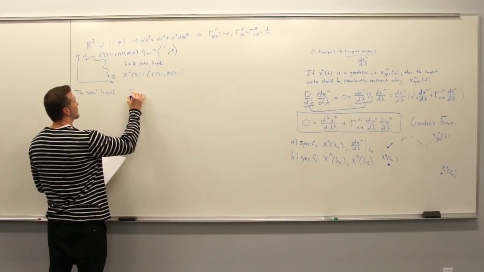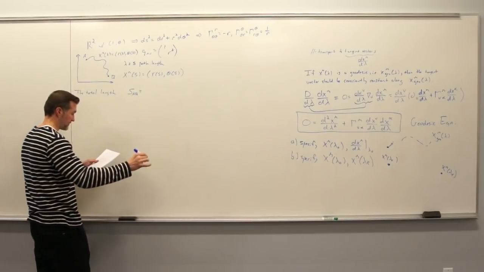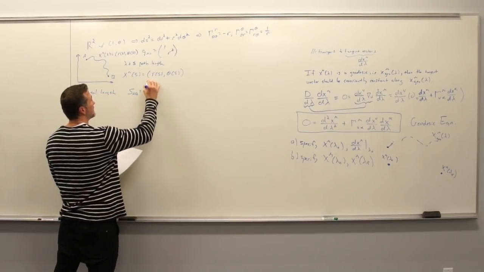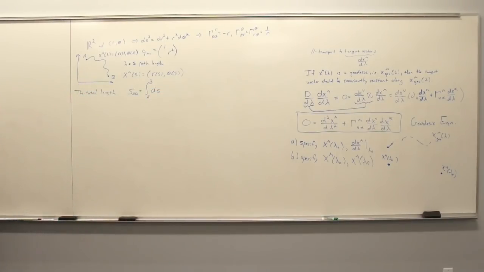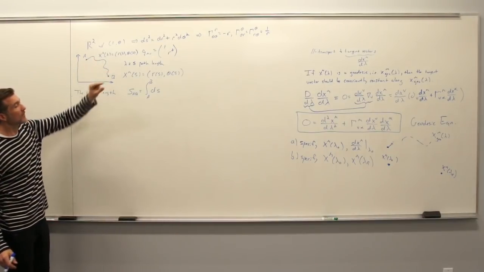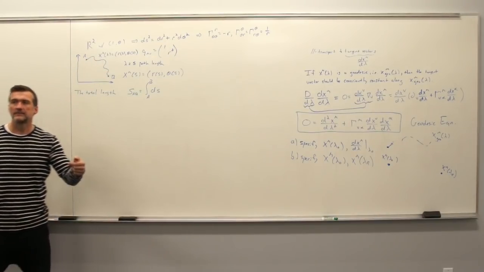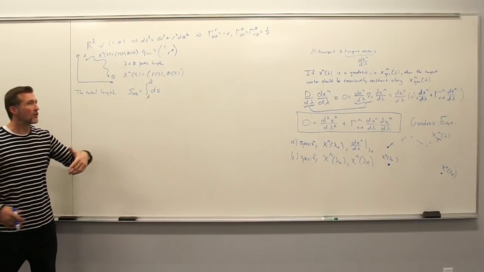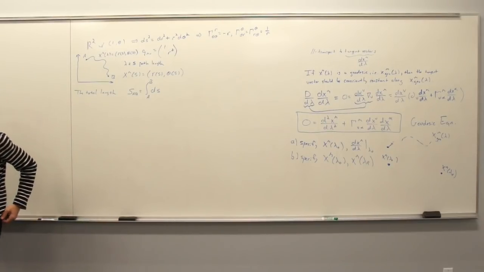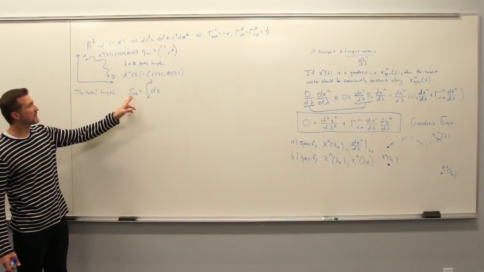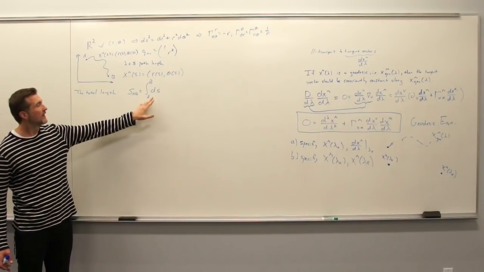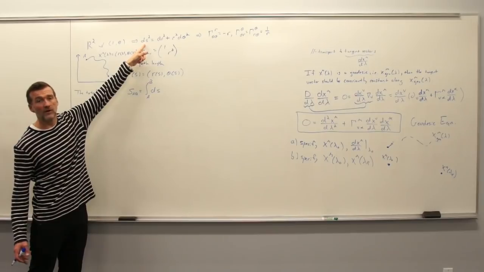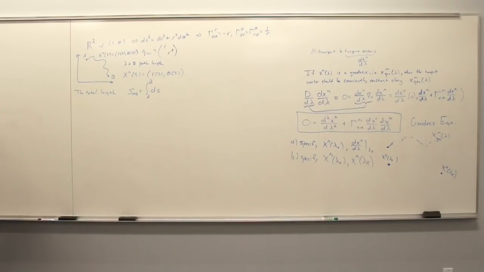So the total length from A to B is the integral from A to B of a bunch of differential lengths. So we take this path and we break it up into a lot of differential segments, and then we go back and add them all together with an integral. Okay? Now, of course, the reason why I do something as stupid as take something finite and break it up into an integral of a bunch of infinitesimal things is because this ds is something which we've already specified for the space. Okay?